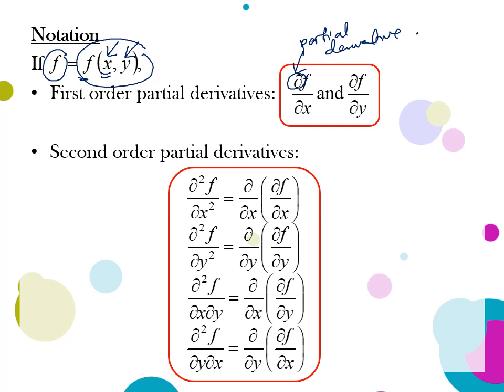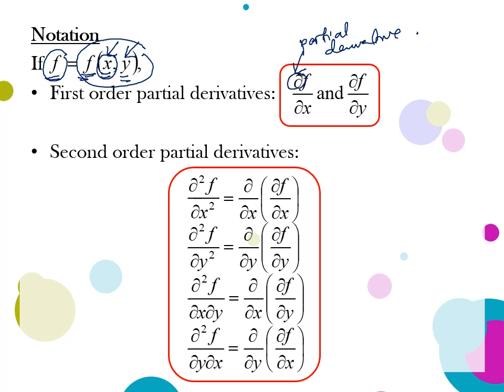It means we just differentiate our function f with respect to variable x only, and thus the variable y in the function we will treat as a constant.